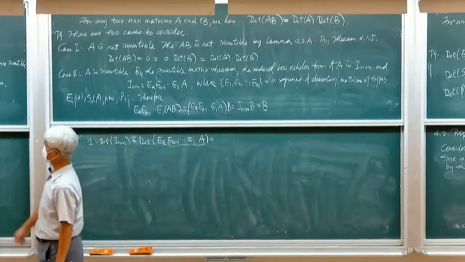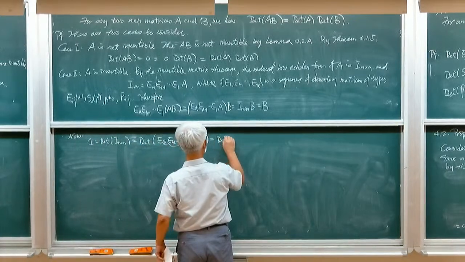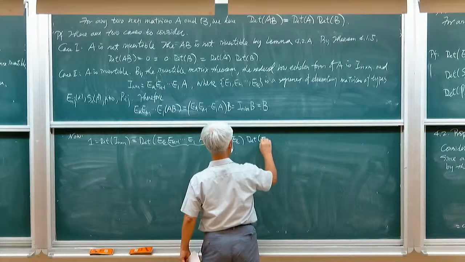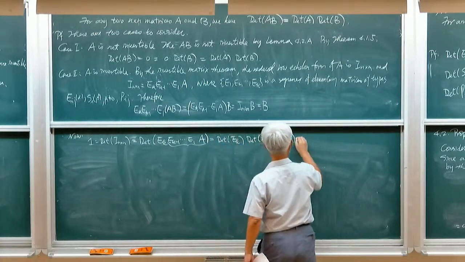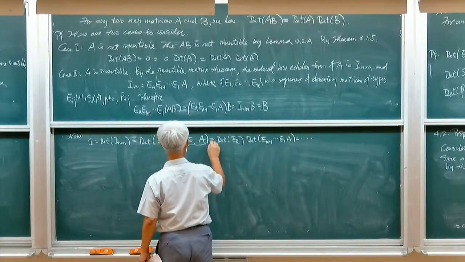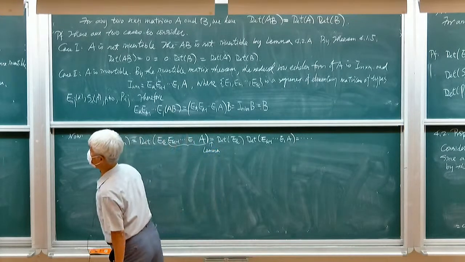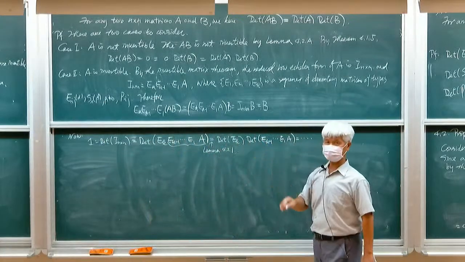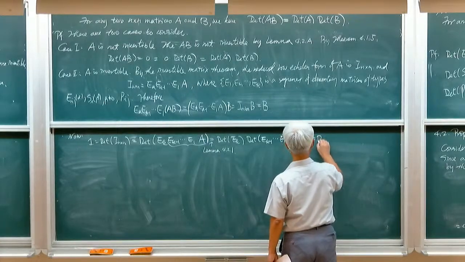So applying Lemma 4.2.1, this is the determinant of E_k and the determinant of E_{k-1}, ..., E_1 A. And you can continue to apply Lemma 4.2.1 and factor out.